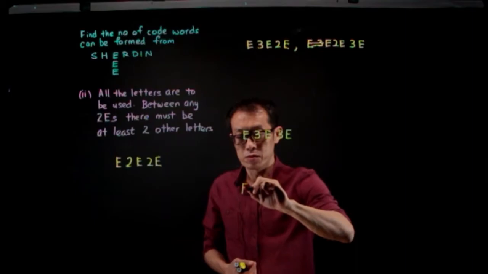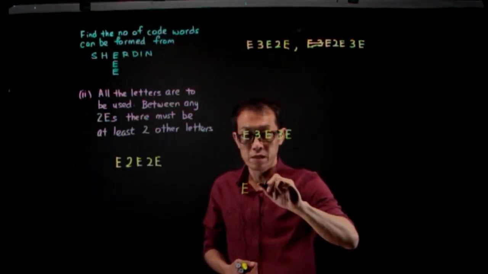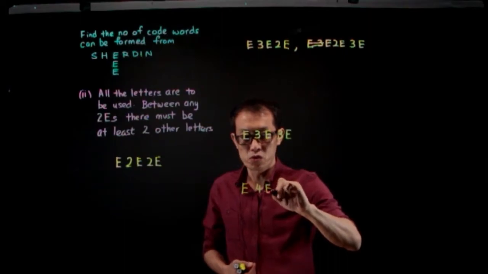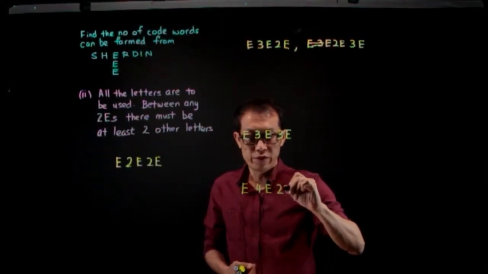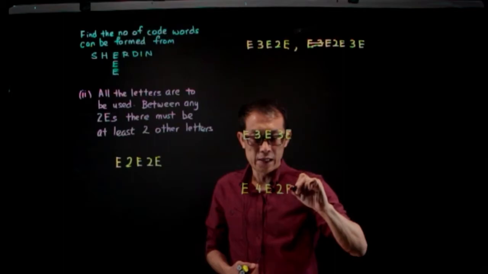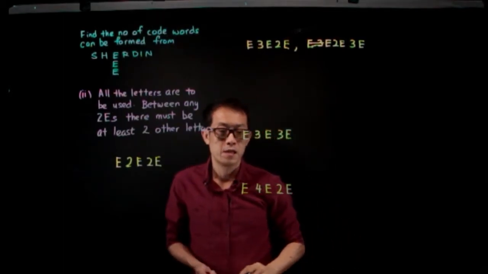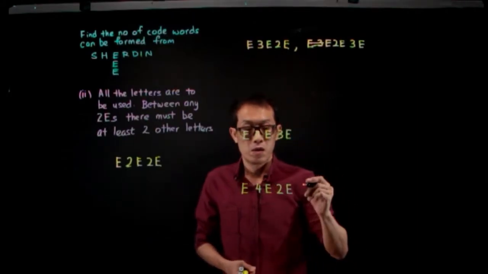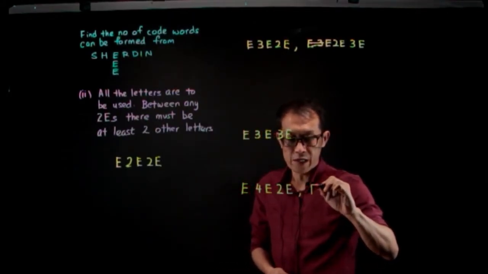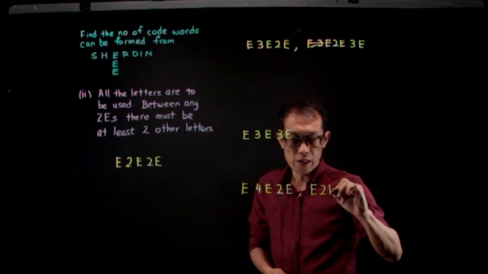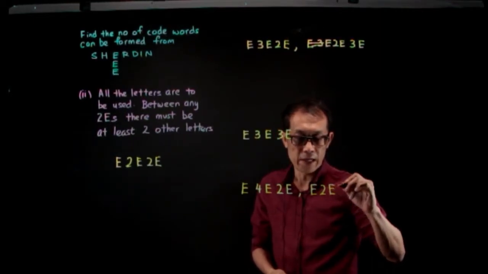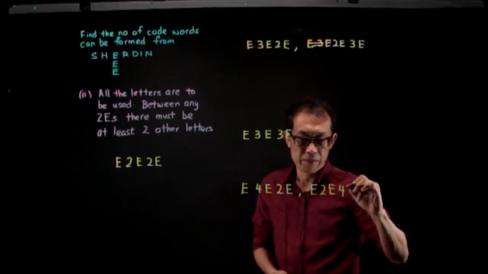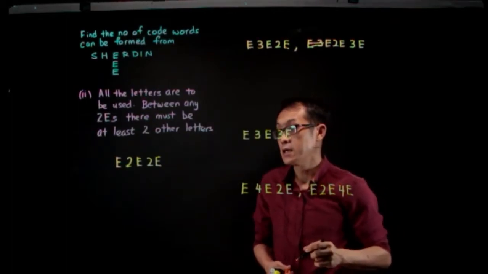And you can have E, so you can have 4 alphabets, 2 alphabets here, 2 different alphabets here, followed by an E. Or you can have E, 2 alphabets, followed by E, and 4 other alphabets, followed by an E.